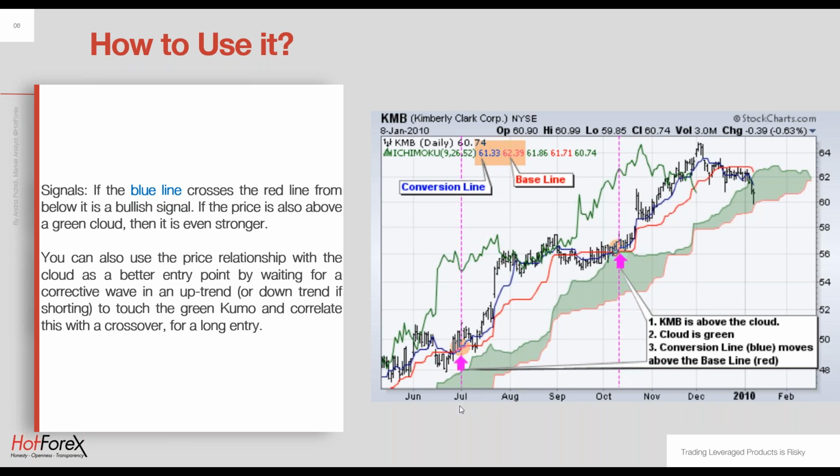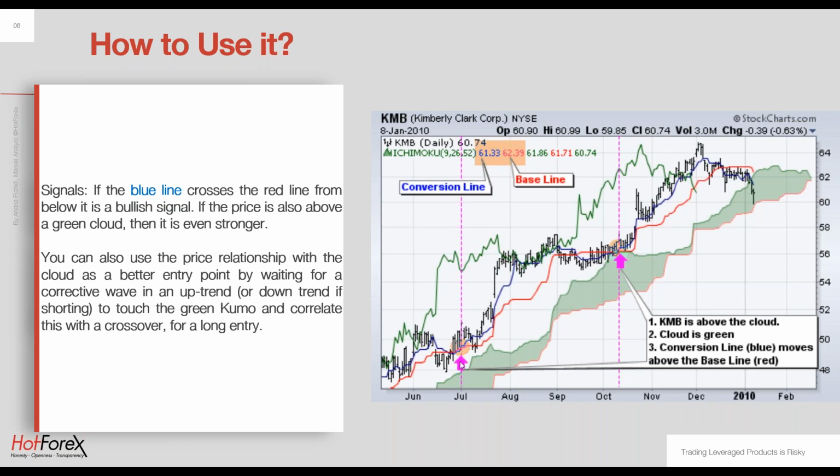It lasted from July, it went up to October, and it kept moving up until December, when eventually in January the blue turned below red, and that was a nice exit point.